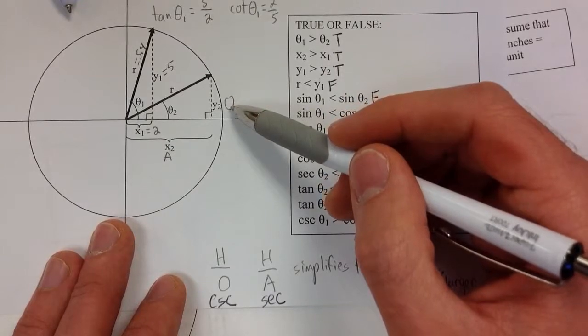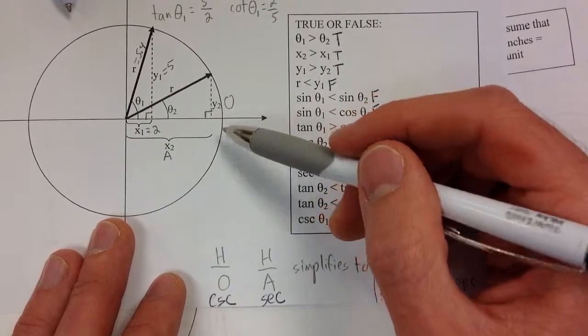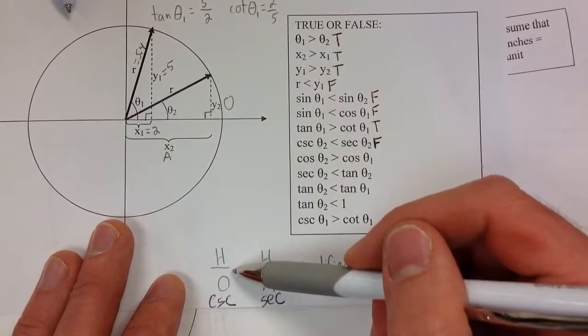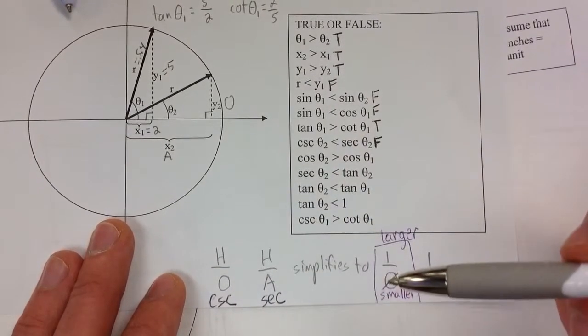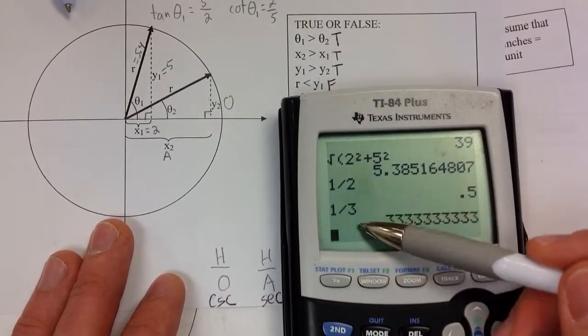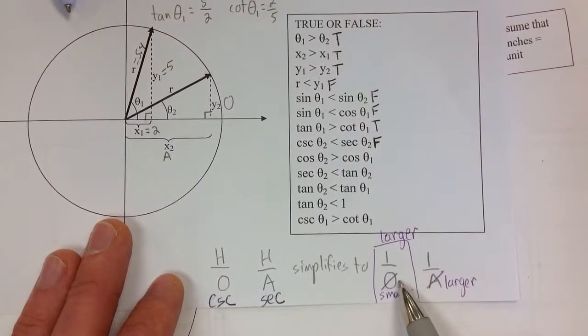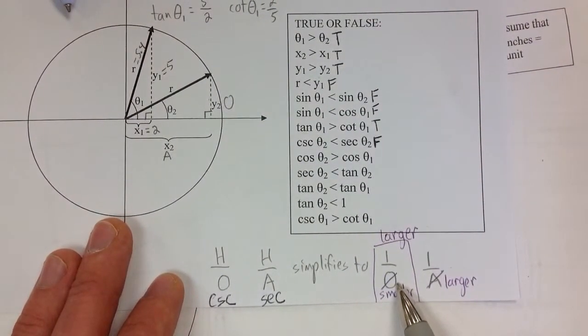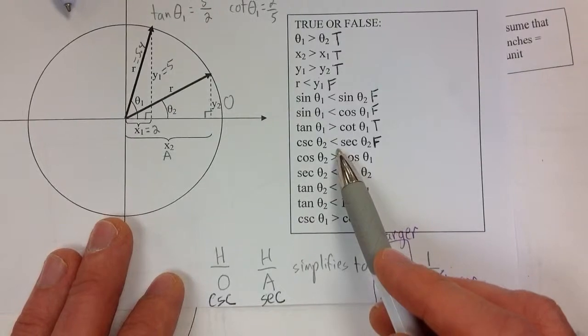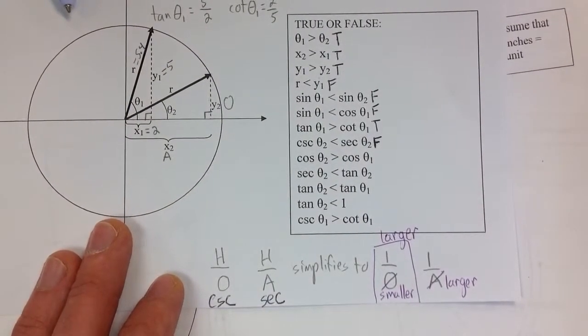Because the opposite is smaller than the adjacent, then I expect that this fraction will be larger. It's like how 1 over 2 is larger than 1 over 3. So I expect cosecant to be larger than secant, not smaller than it. So I stand by false. Okay. If you're thinking hard, that's normal.